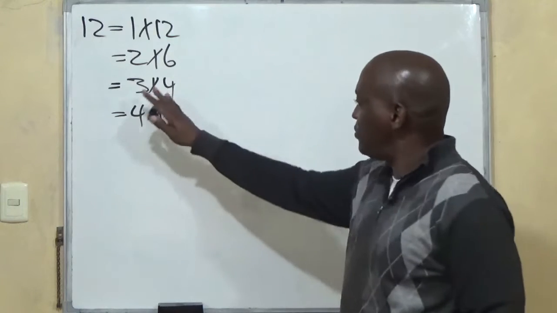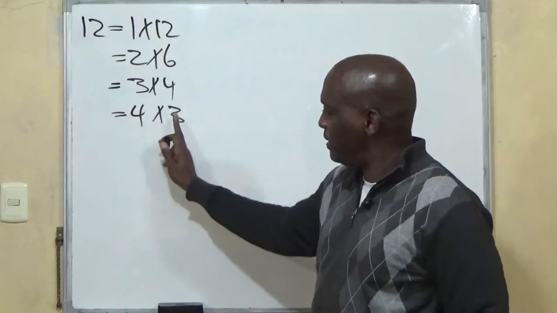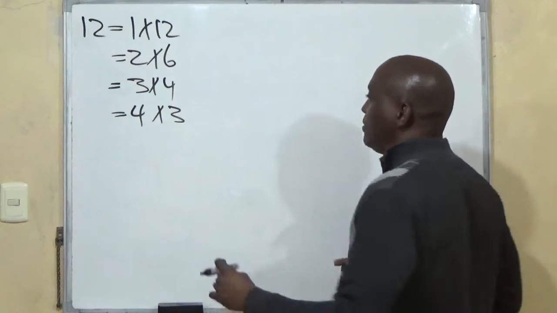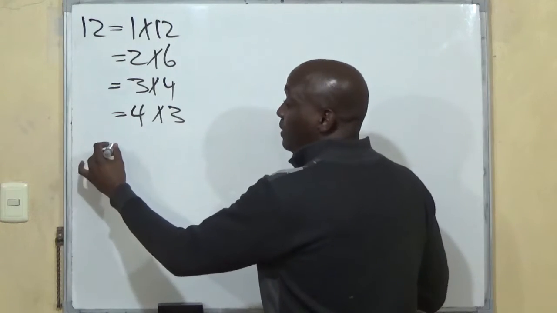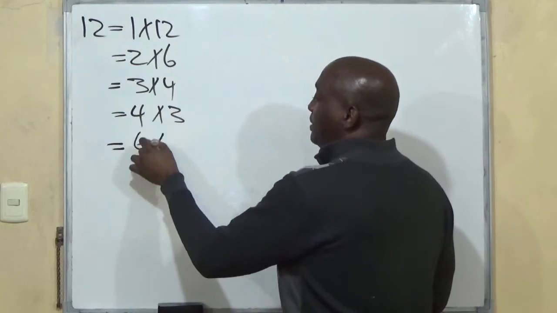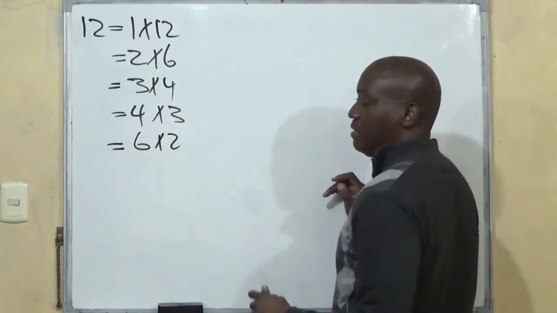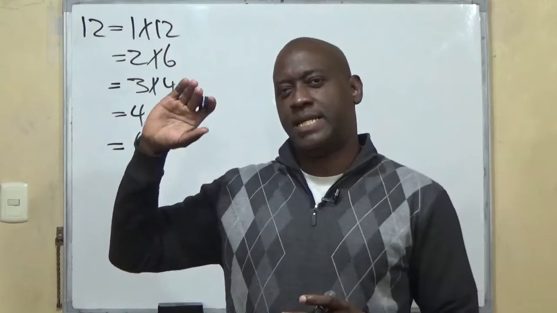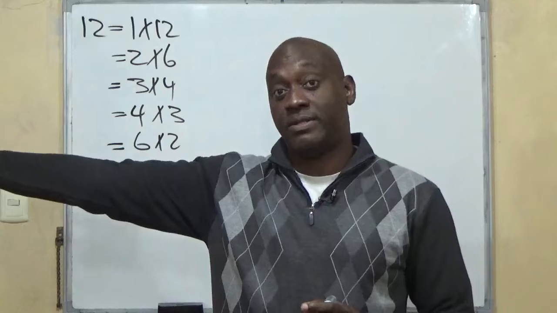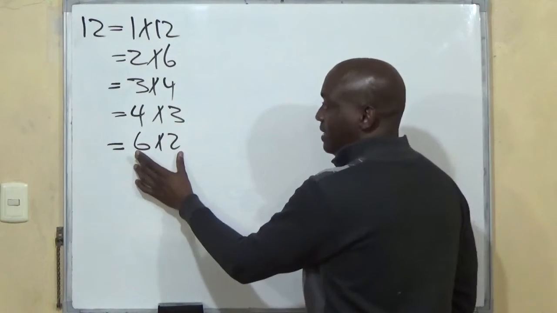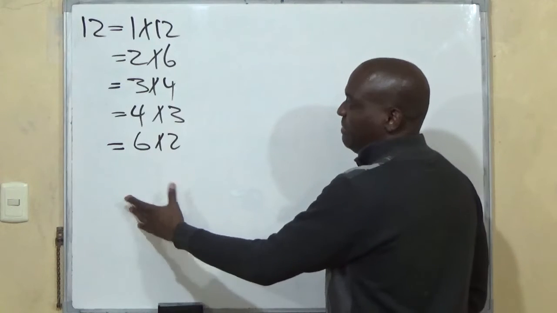So, we know that 3 by 4 and 4 by 3, we saw the order reversing. But what I would normally do when I write the factors is go right up to half if it's an even number. But 6 by 2 is done here already. So the original pattern that we discussed in the previous video still holds, because anything after 6, the next pair would be 12 by 1.